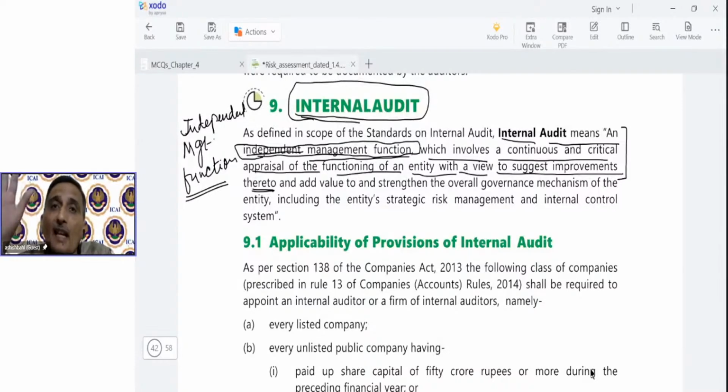Because independence, as you have learned till now, means that person should not be influenced by external influences. So if there is an internal auditor who happens to be an employee of the company, then how can he be independent? So any ideas, any guesses, guys?